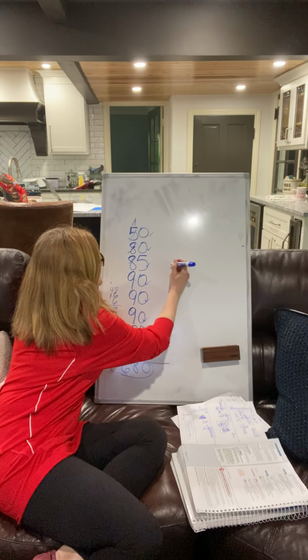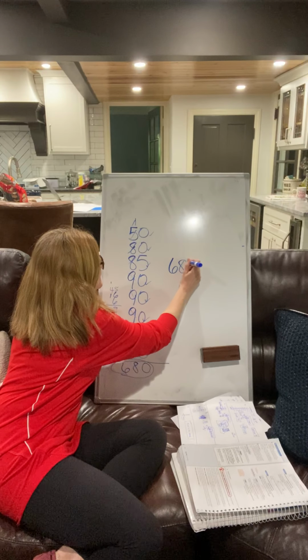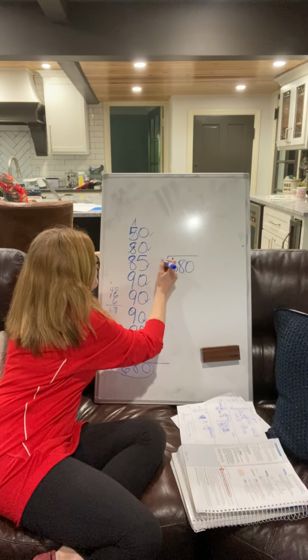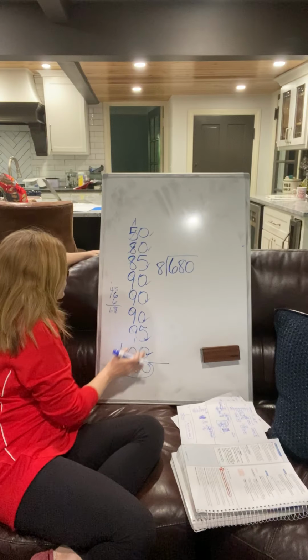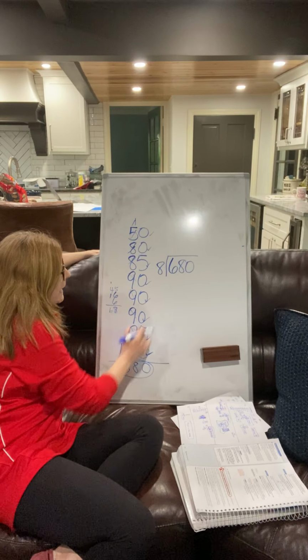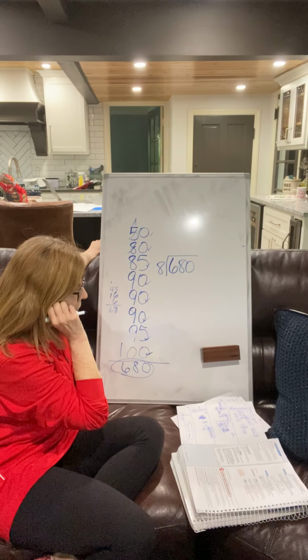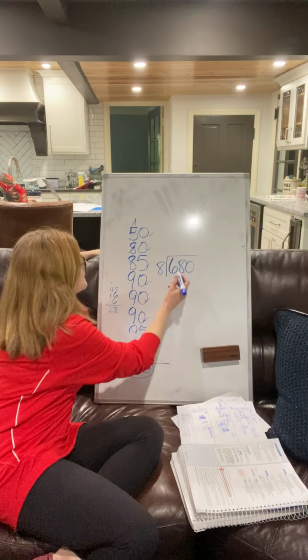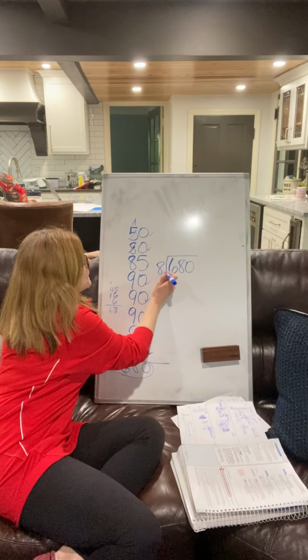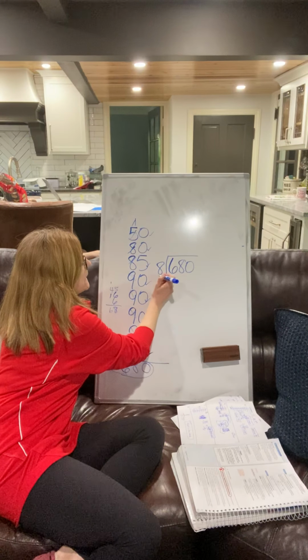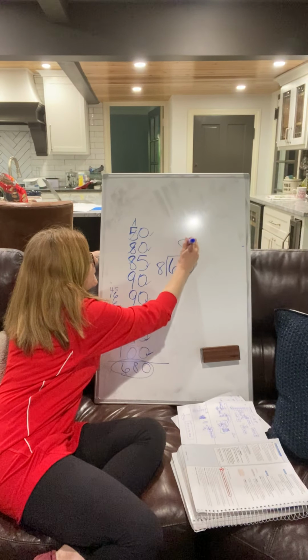Okay? So we're going to take 680 and divide that, the total points, we're going to divide by how many numbers we have, which is 8. Okay? So 680 divided by 8, 6 divided by 8 is nothing, so 68 divided by 8 will go in 8 times.